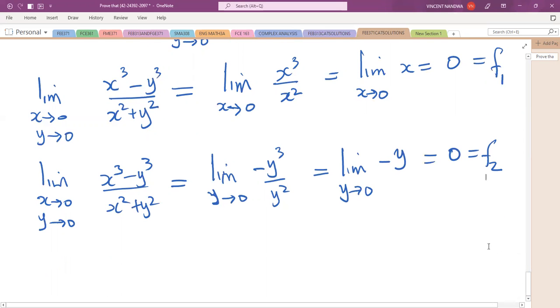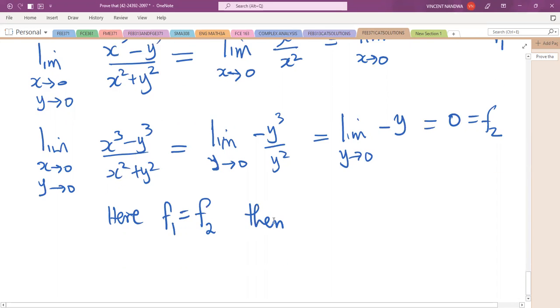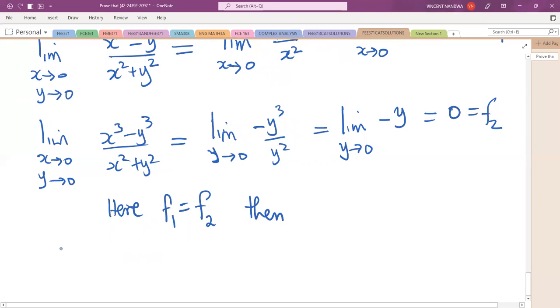Now, since f1 and f2 are the same, f1 equals f2, we go to step 3. The limit as x approaches 0, y approaches 0 of the function x cubed minus y cubed over x squared plus y squared, put y equals mx.